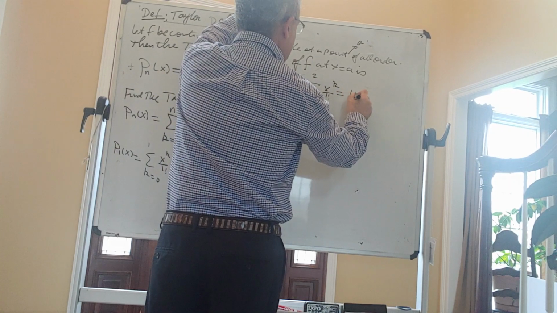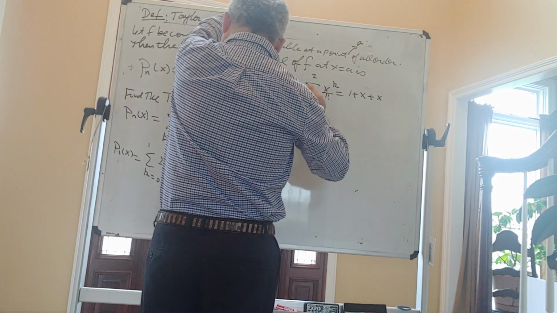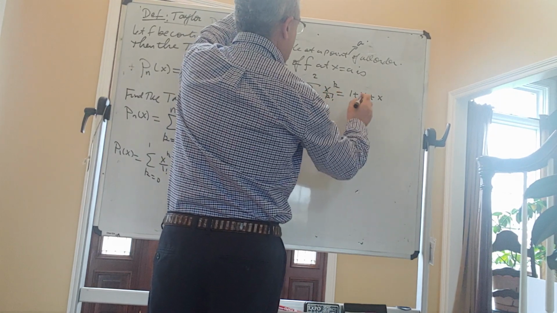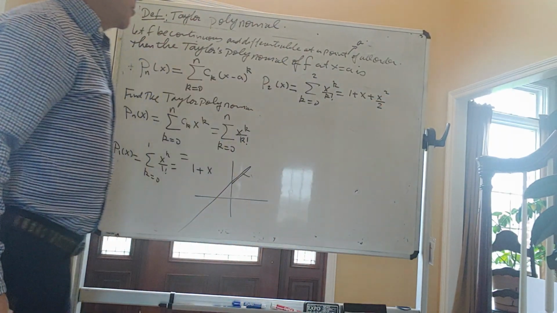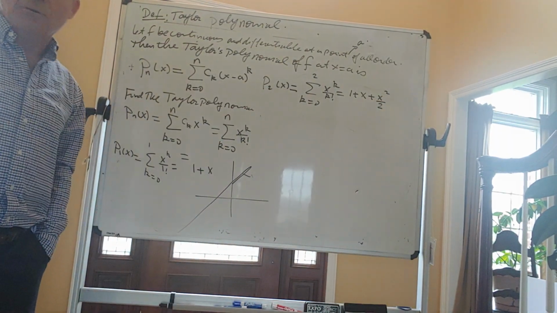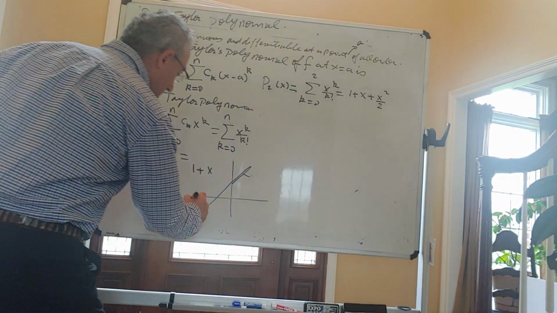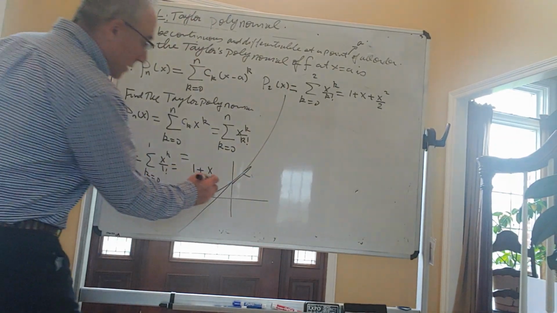So that will be 1 plus x over 1 factorial plus x squared over 2. So you see that is a polynomial. Okay? And that polynomial can go like this.